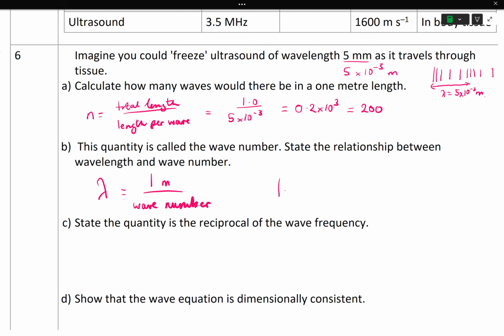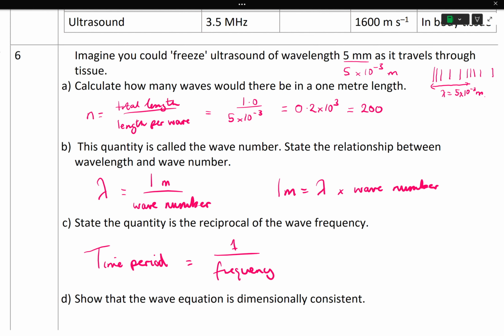So we might write 1 meter is equal to the wavelength multiplied by the wave number. State the quantity that is the reciprocal of the wave frequency. So yep, we have the time period here, don't we? Which we know is 1 over the frequency.